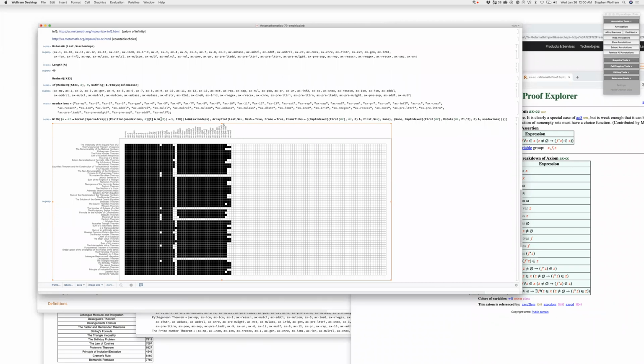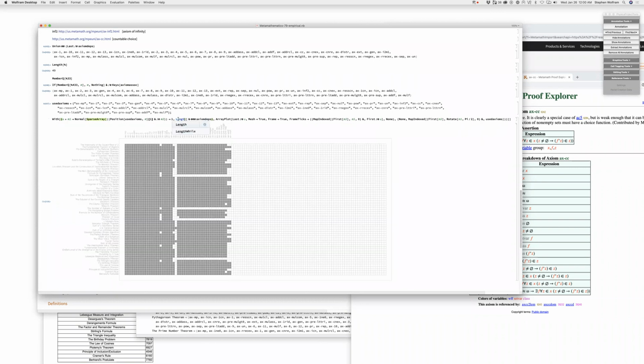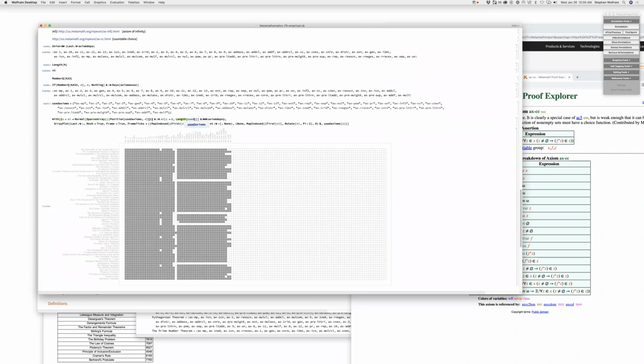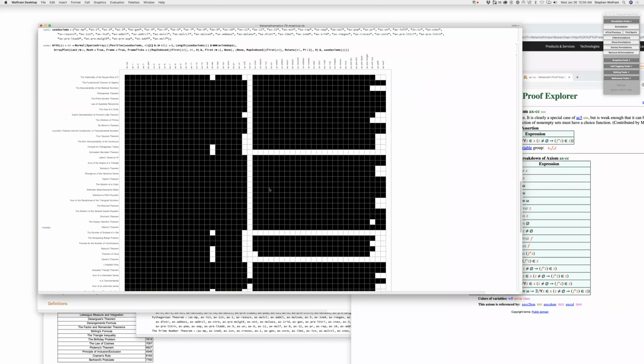So here, position, I think we just say here 49, length of used axioms. Okay. Yeah. Okay, there we go. Good. Cool. Nice.